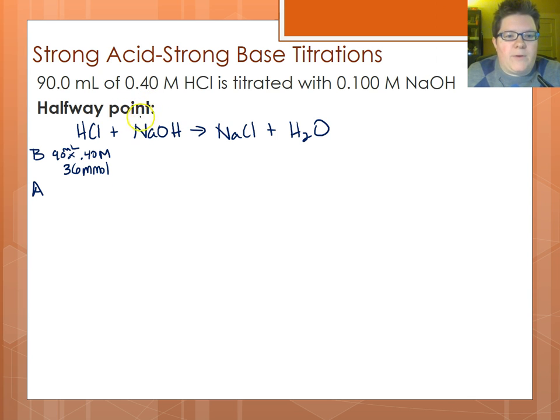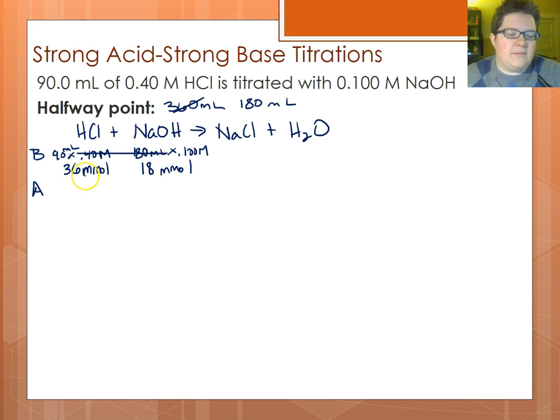And then this is my halfway point. So the question is, what's the volume at the halfway point? Well, we said the equivalence point was 360 milliliters. So the halfway point is 180 milliliters. And so we're going to do 180 milliliters. And we're going to multiply that by 0.1. And so now we've got 180 times 0.1, which is 18. Hey, look, it's half of 36. No way. The halfway point.